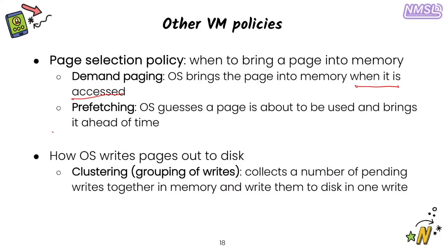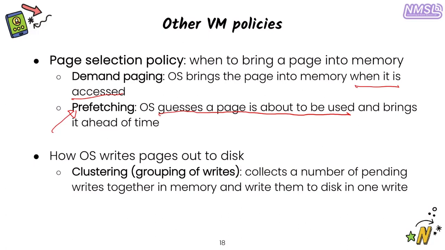Or, I want to be a little more efficient. I'm taking a risk, but you guess the page that is about to be used, and you bring it ahead of time. You want to be sure this is going to be used. Considering the workload, you might know this is almost perfectly sure to need to be fetched.